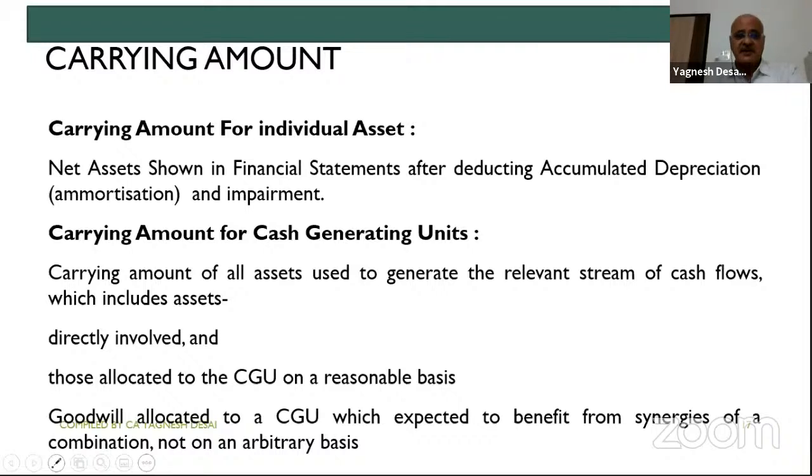Mainly this is applicable in telecom companies and football players. When you acquire a football player, you sign an agreement. This is the synergy of it. But we'll deal with it later. For the time being it is important that goodwill is attached to the CGU, and corporate assets are also attached to the CGU.